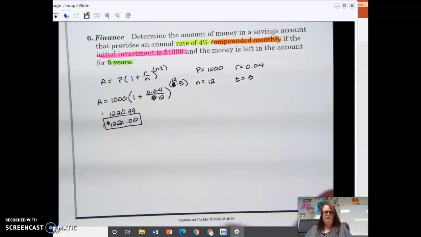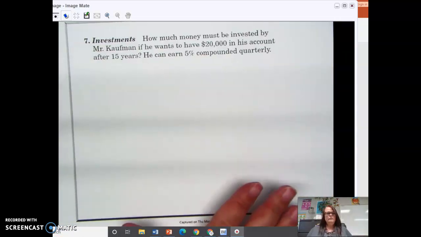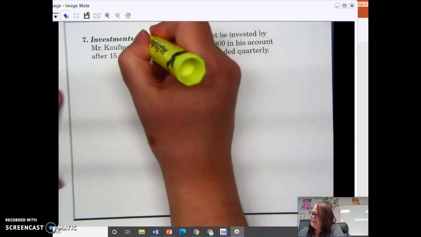All right, and so we've got one more example. So it says how much money must be invested by Mr. Kaufman if he wants to have $20,000 in his account after 15 years and he earns 5% compounded quarterly. So take a moment to substitute that and notice it's saying how much must be invested.